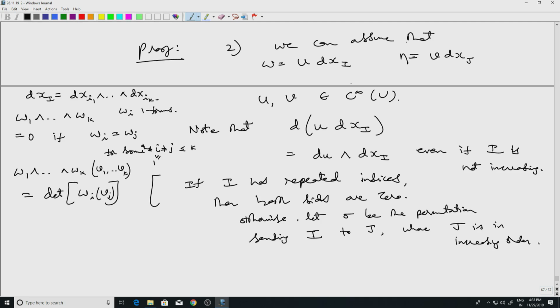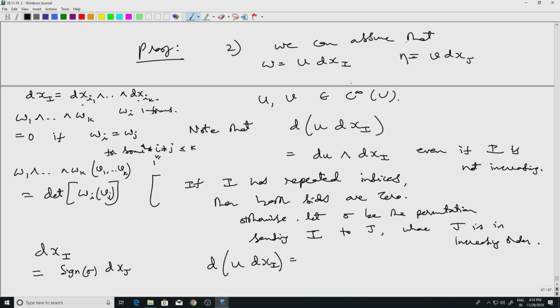In other words, rearrange the indices so that they are in strictly increasing order, and call that rearranging permutation sigma. So then what will happen, we are interested in d of u dx_I. Once we do that, dx_I will be, as we have seen before, sign sigma dx_J.